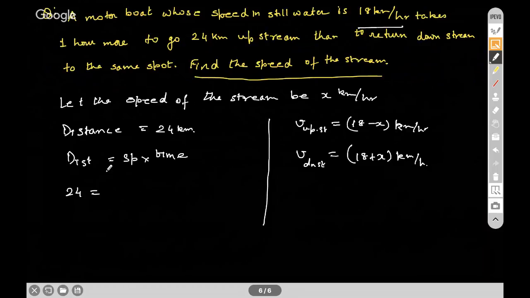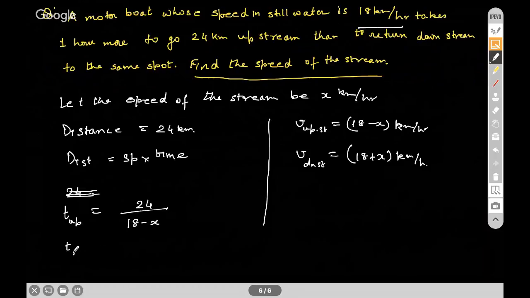Now, while it is going upstream, we'll say time upstream is equal to nothing but distance by speed, isn't it? So distance is 24 and speed for upstream is 18 minus x.